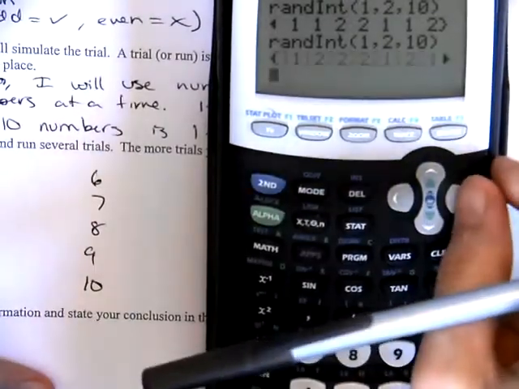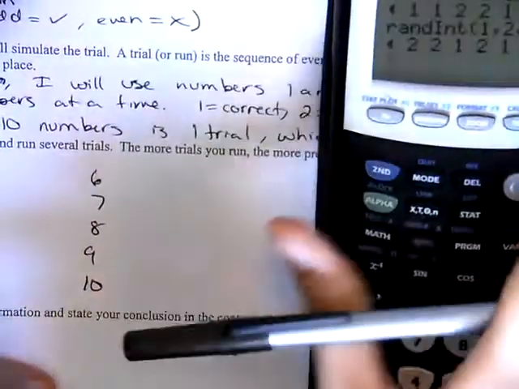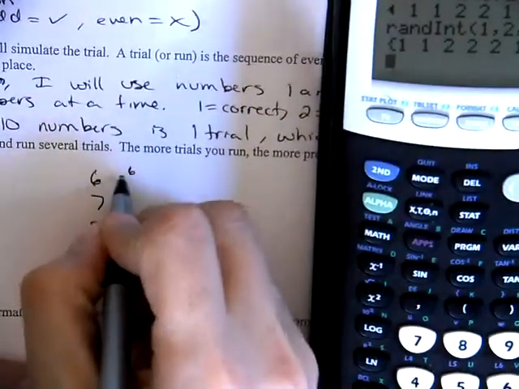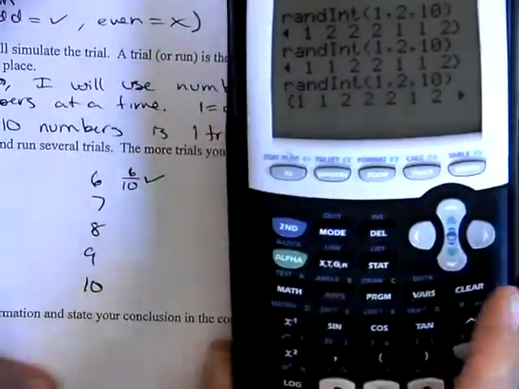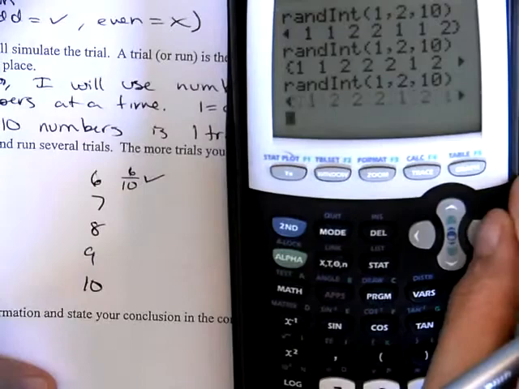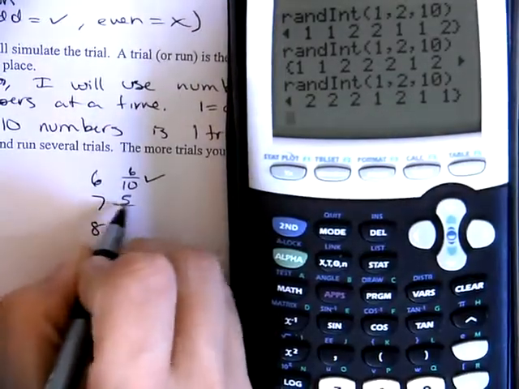1, 2, 3, 4, 5, 6. Yeah, 6 out of 10. We're good. 1, 2, 3, 4, 5. 5 out of 10.